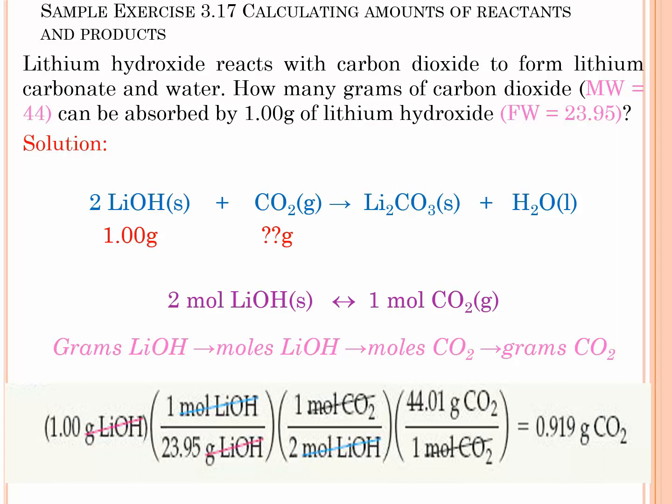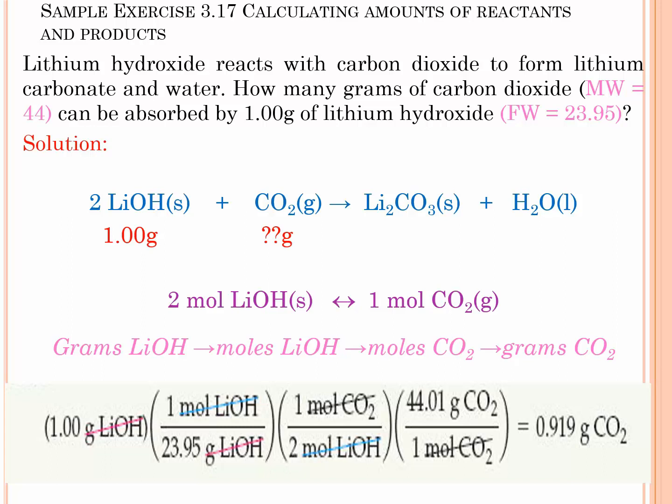So we are given 1 gram only. Here 2 moles of lithium hydroxide corresponds to 1 mole of CO2, or reacts with 1 mole of CO2. So we convert the grams of LiOH into moles of LiOH, then we convert to moles of CO2, then grams of CO2, and we use 3 conversion factors.